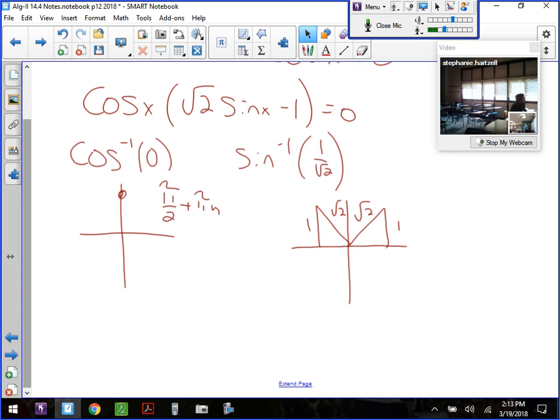And since it's just positive 1 over root 2, that means it's just going to be the 2 quadrants, so it's going to be a 2 pi n for both of them. So you have a pi over 4 plus 2 pi n and a 3 pi over 4 plus 2 pi n.